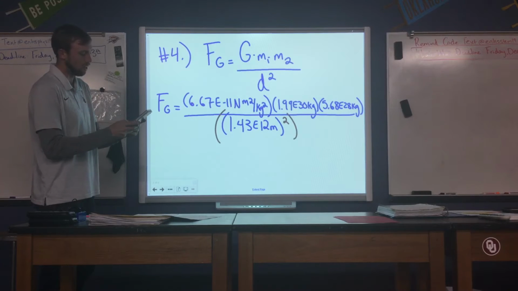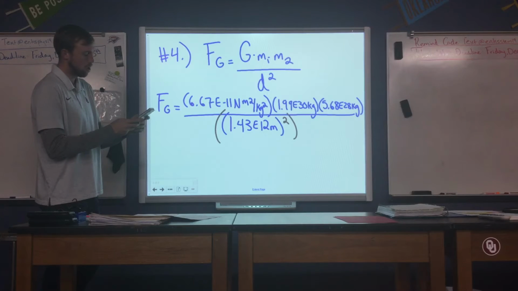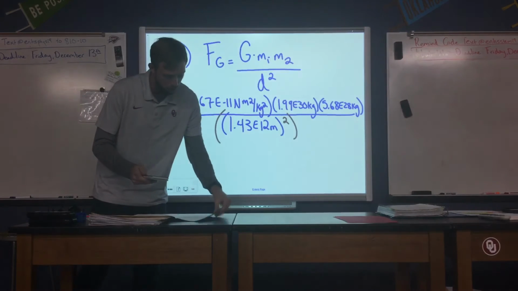6.67 times 10 to the negative 11, multiplied by 1.99 times 10 to the 30th, multiplied by 5.68 times 10 to the 28th, and then we'll divide by our denominator, which we need to square first, 1.43 times 10 to the 12th, squared. We should get a value that's going to appear to be pretty large.